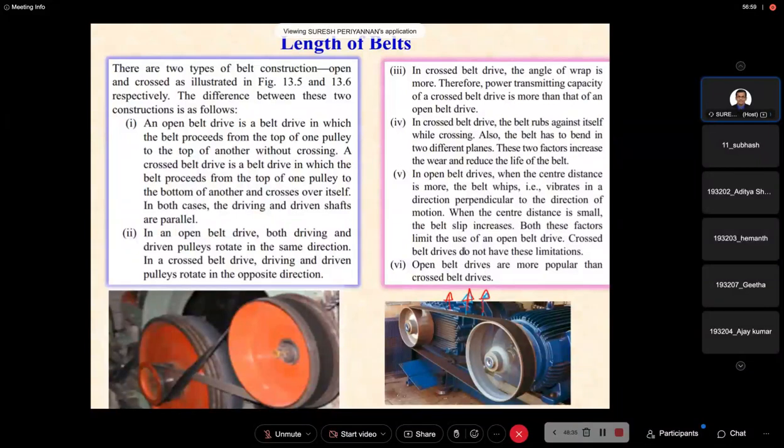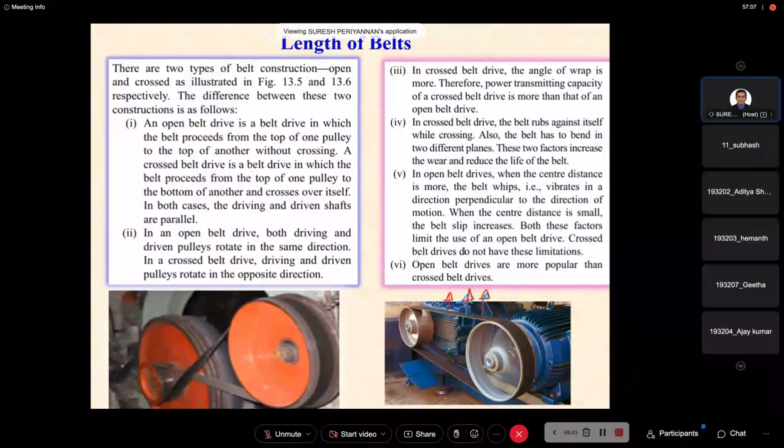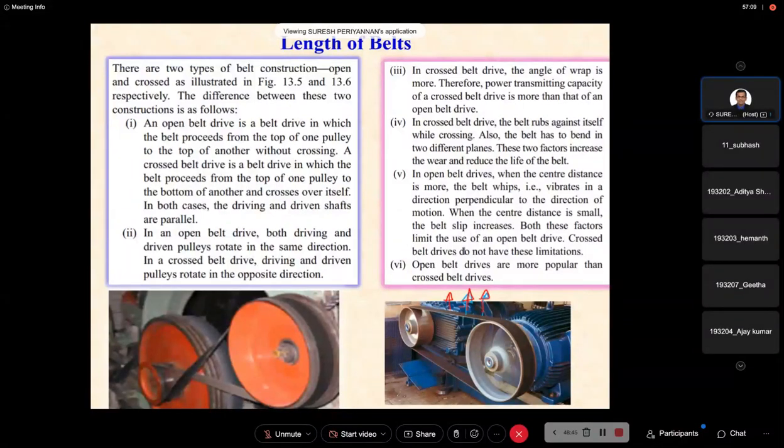Now in the cross belt drive, which one has more coefficient of friction and creates more frictional resistance, the cross belt or the open belt? The cross belt only, because the surface of contact on the pulley is more in the cross belt as compared to the open belt.